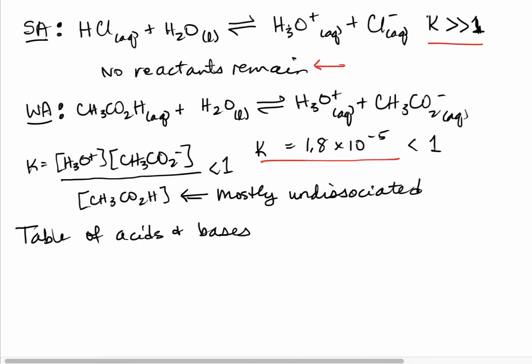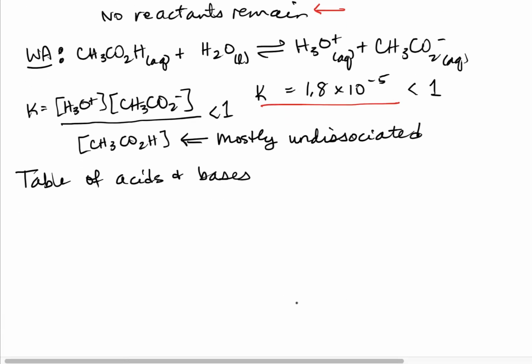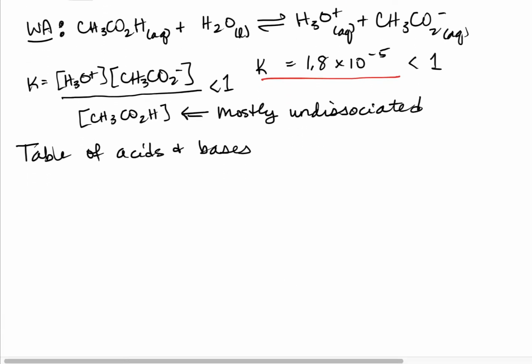When we want to do some calculations using weak acids, we have to remember a few things. One of those things is that when we have a weak acid, and this is true for any kind of acid, I'm just going to stick with acetic acid since it's familiar to us as a material, and it also doesn't have a super long chemical formula that's hard to write, like some of them do.